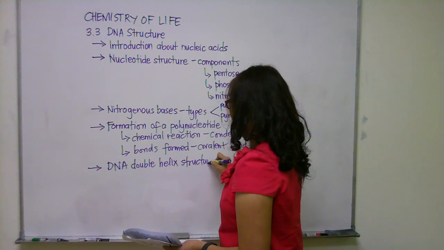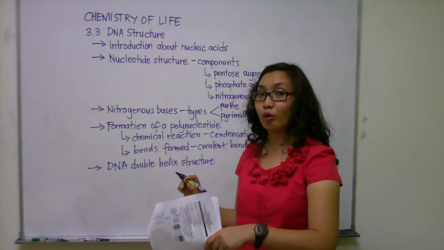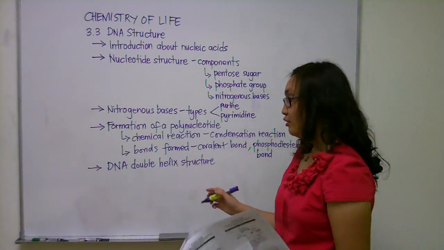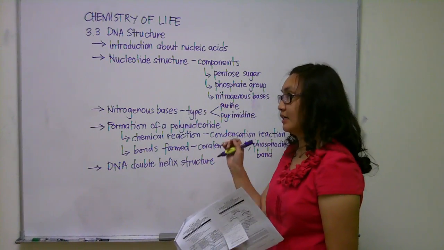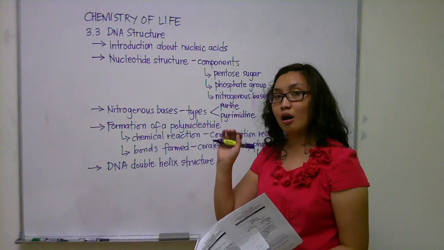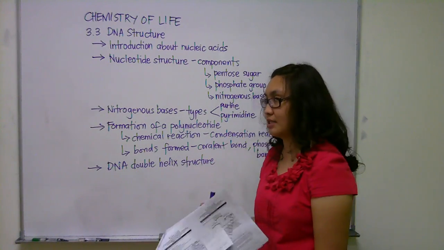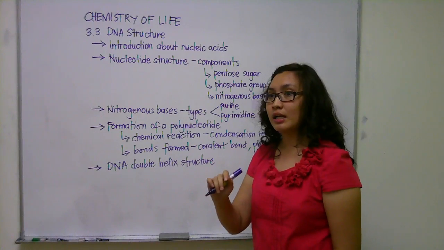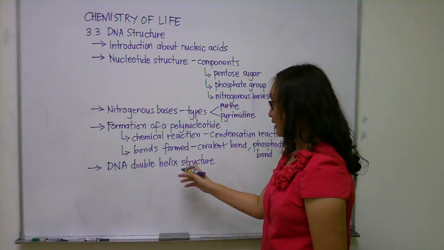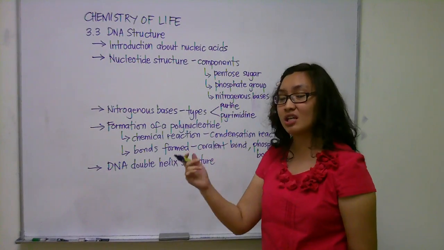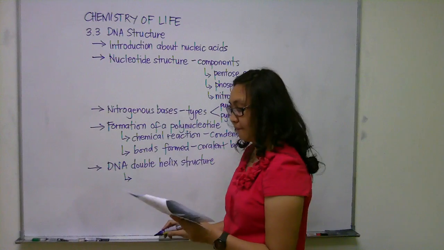You have to elaborate as well that the DNA double helix is formed out of two polynucleotides, wherein the nitrogenous bases between the polynucleotides are bonded together using hydrogen bonds. It depends on the bases that are involved. The DNA double helix structure is achieved because of complementary base pairing.